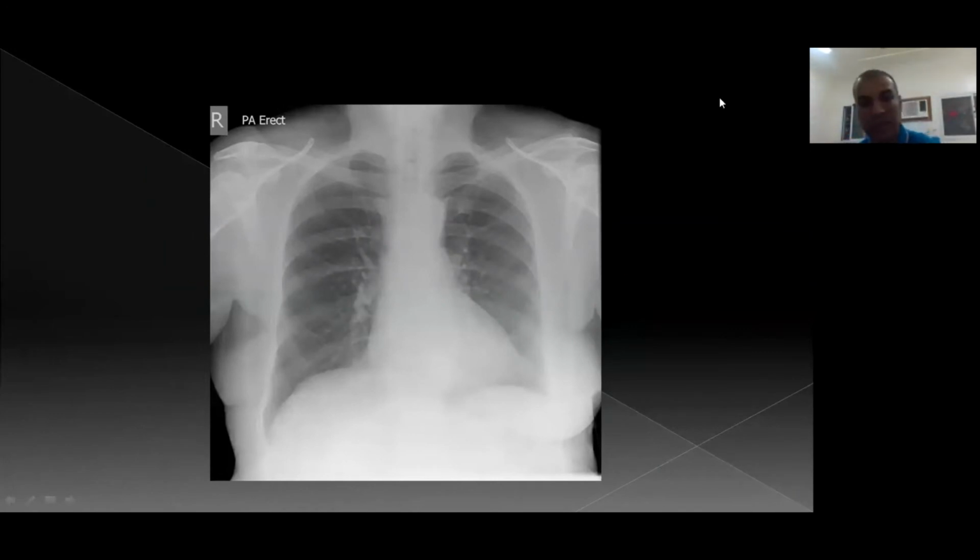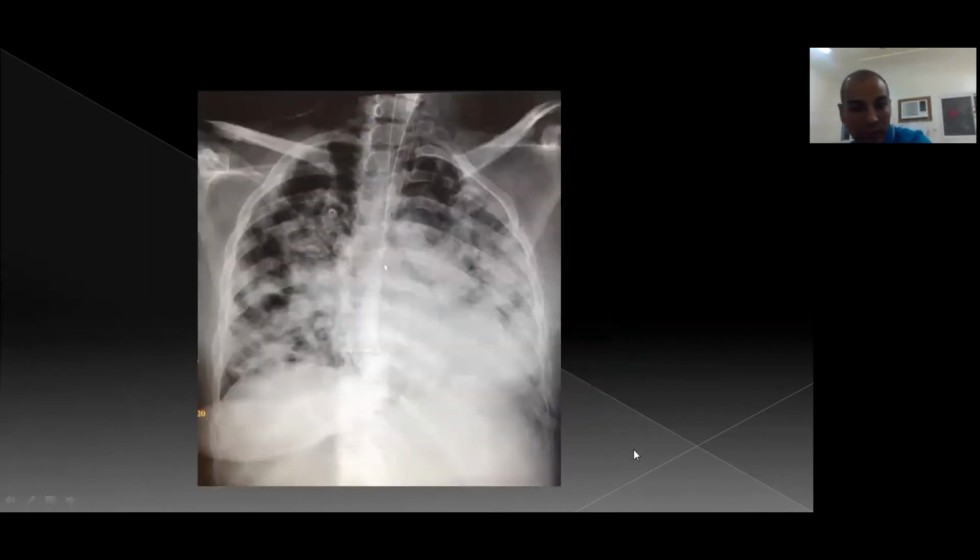This is a normal breast shadow, and here we have an absent right breast shadow. There is a right mastectomy, and this can answer why this right hemithorax appears more lucent than this left hemithorax.